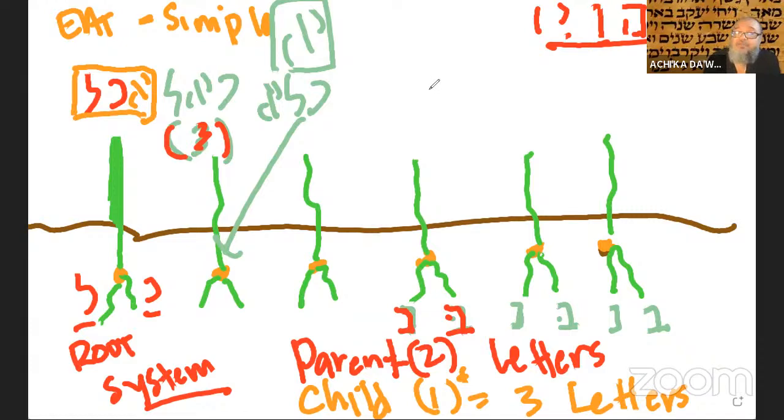And the child that comes out is a bet, a yod, and a noon. Okay, that's the final noon. And this word just by itself called bean literally means understanding.